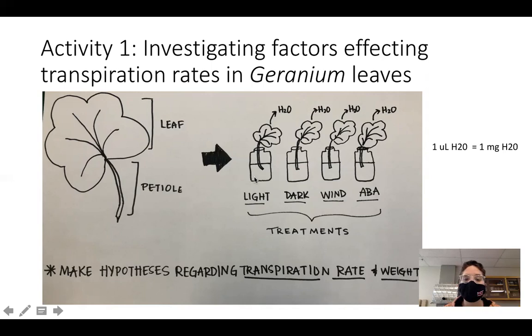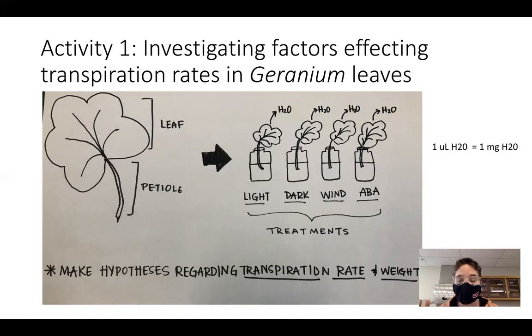You'll be taking the geranium leaf and petiole and sticking them in vials filled with water. The idea is that you're simulating 4 different plants. The water in the vial will act as the water source, and water will travel up through the petiole and out through the leaves based on what environment it's in.